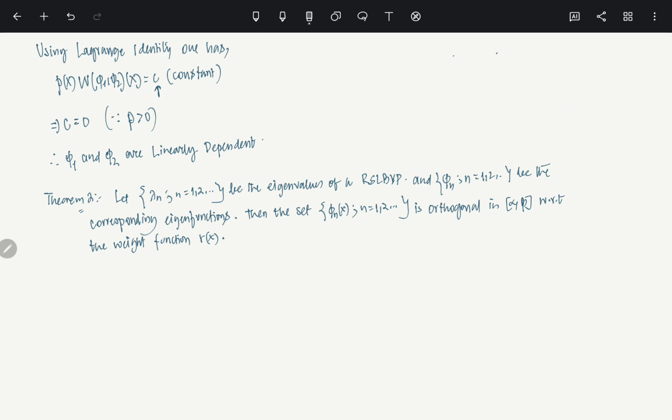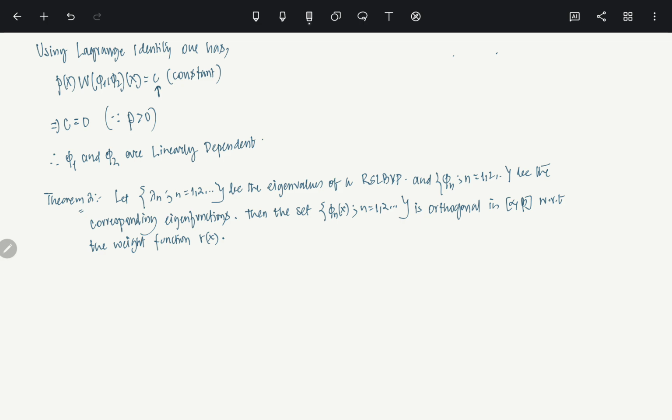Now, before we prove this theorem, let me tell you why this is very important. Essentially this equation is important in the sense that if you have a regular Sturm-Liouville boundary value problem, and you can find a set of eigenvalues and eigenfunctions for it, then that eigenfunction set will act as a set of orthogonal functions.